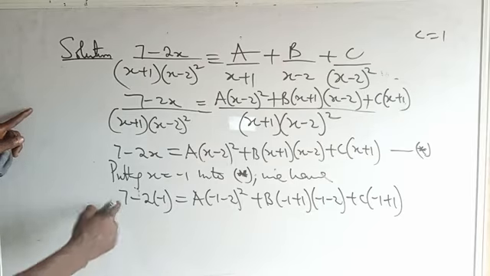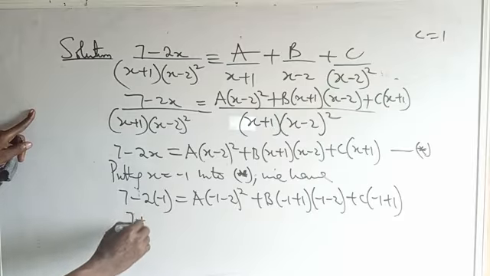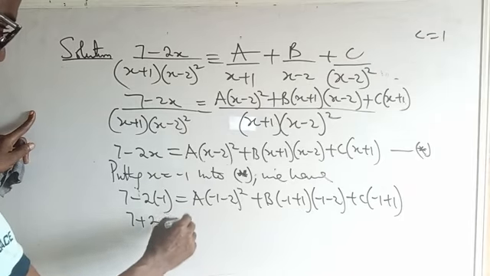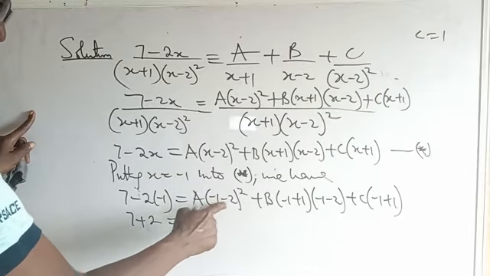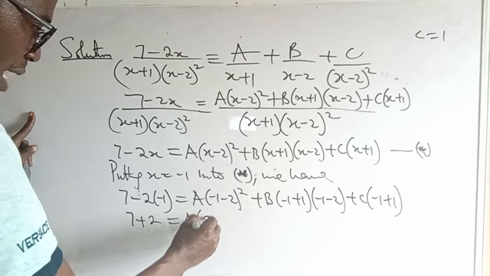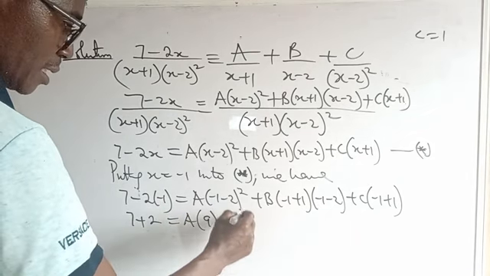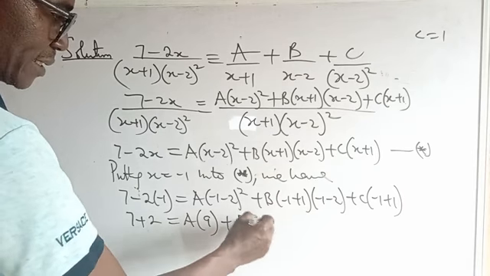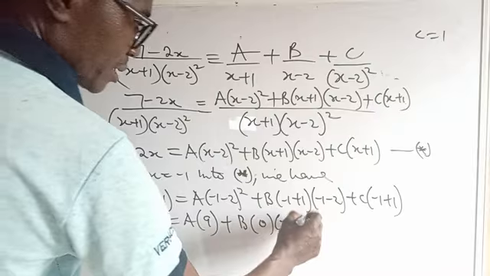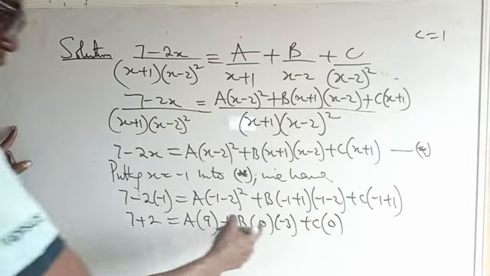Now, we have 7 minus 2 times minus 1, that's plus 2, is equal to a into minus 1 minus 2, that's minus 3. Minus 3 squared is 9. Okay? Plus b, minus 1 plus 1, that's 0. Minus 1 minus 2, that's minus 3. Plus c into 0 as well. So this and this become 0.